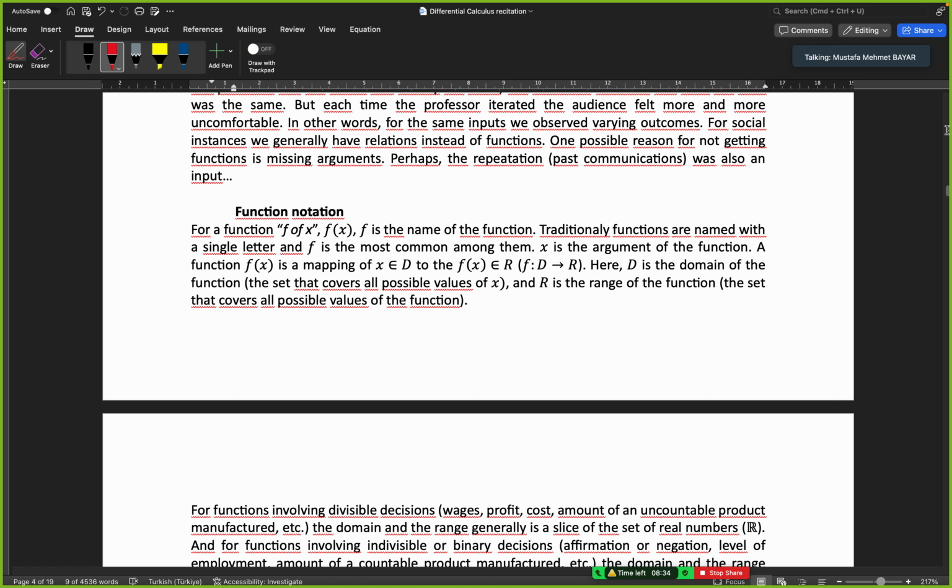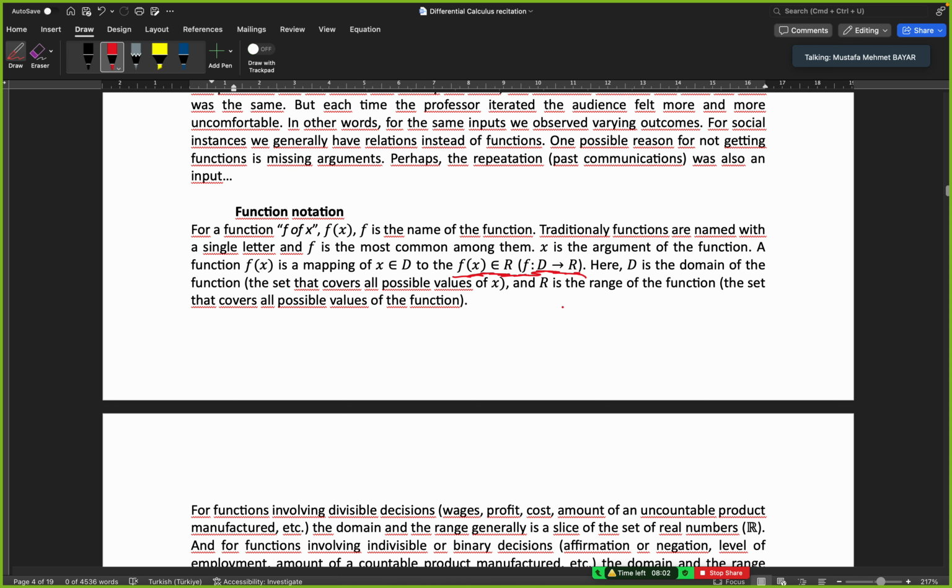And functions are also called mappings of x to. So you just map x to some outcome, to some output value using the function f. And for that reason, sometimes functions are denoted just like this. F assigns the domain to the values in the range.